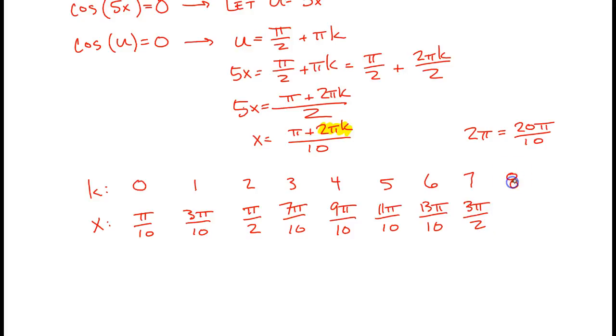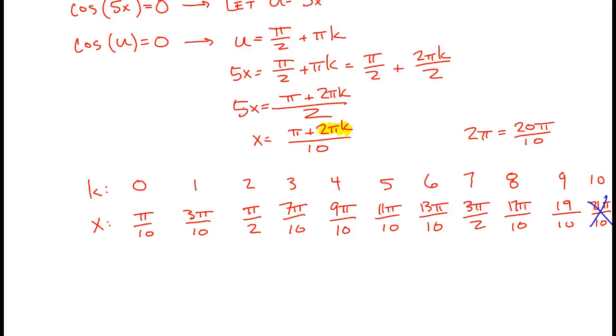When k equals 8, we have 17 pi over 10. And when k equals 9, we have 19 pi over 10. If I were to go up to k equals 10, then I would have 21 pi over 10, and that's outside of the interval we were told for our solutions.